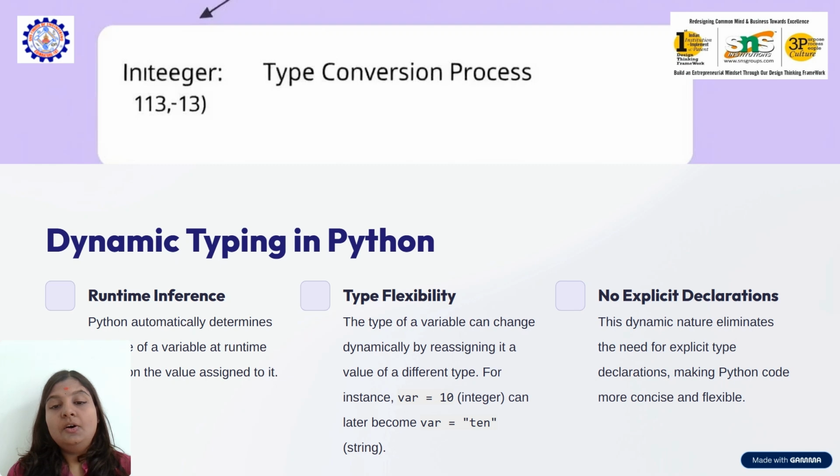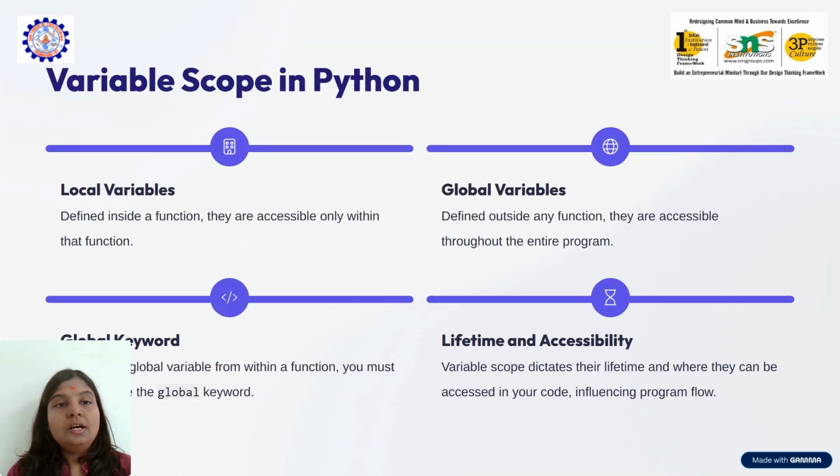For instance, variable = 10 can later become variable = "10". No explicit declarations. This dynamic nature eliminates the need for explicit type declarations, making Python code more concise and flexible.